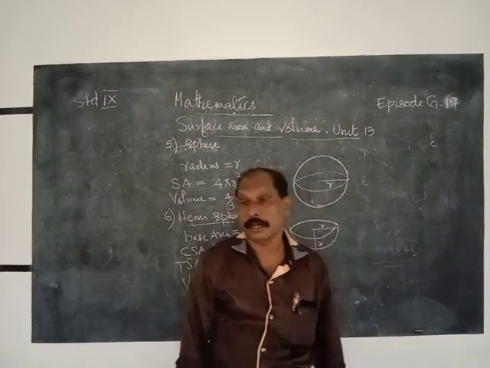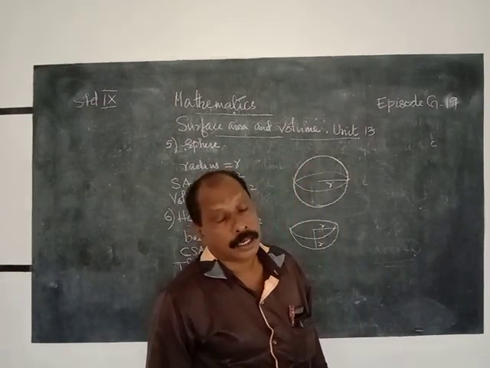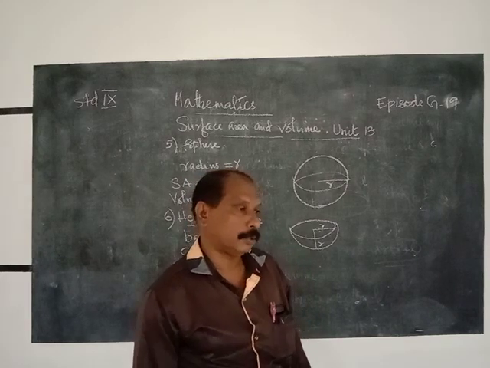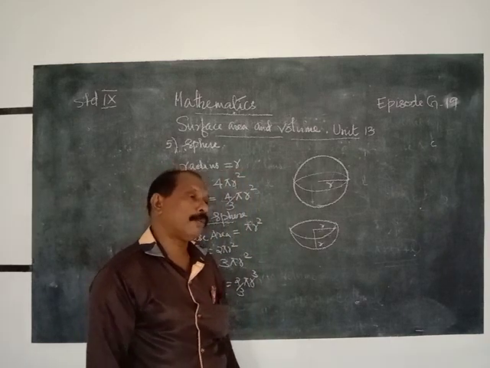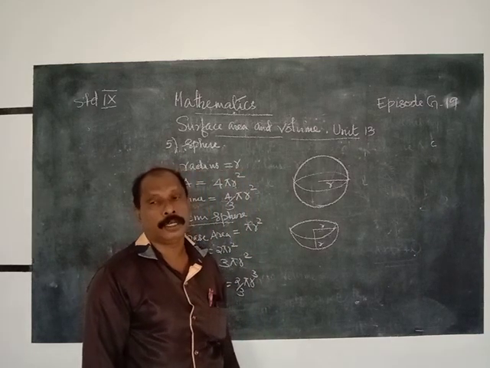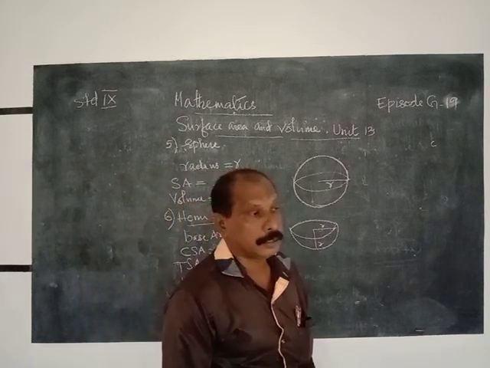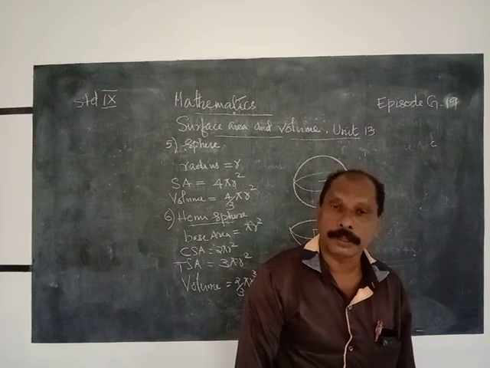Curved surface area is half of the surface area of a sphere, that is 2 pi r square. And the total surface area is pi r square plus 2 pi r square, equal to 3 pi r square. That is the total surface area of a hemisphere. And the volume of that hemisphere is half of the volume of the sphere. Therefore, 4/3 is replaced by 2/3, so volume of the hemisphere is 2/3 pi r cube.